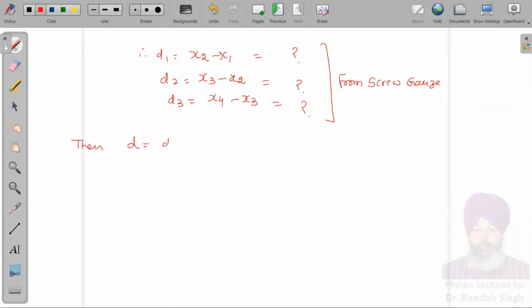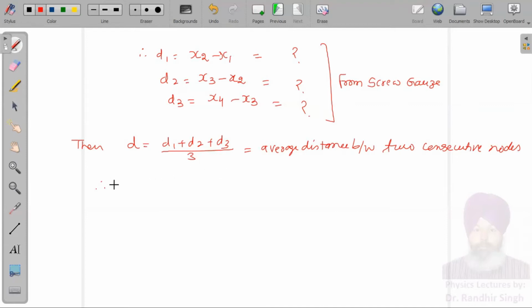That will be d1 plus d2 plus d3 upon 3. That is the average distance between two consecutive nodes.